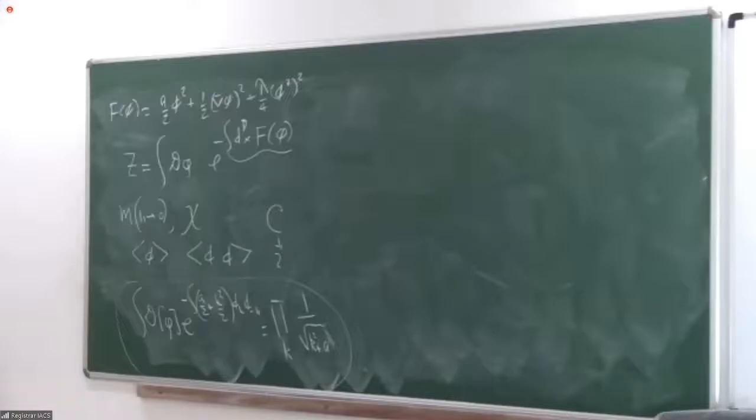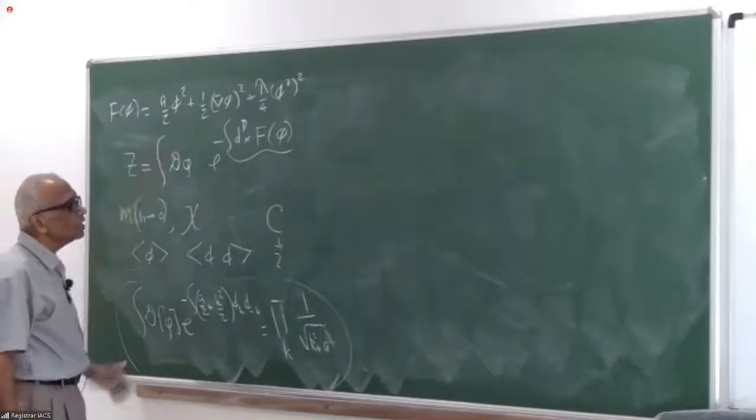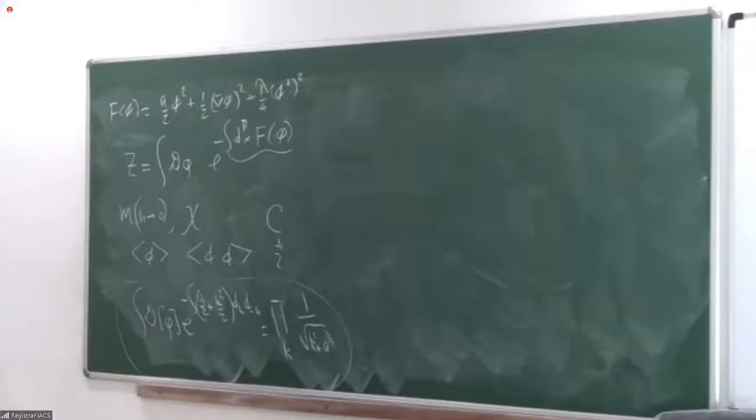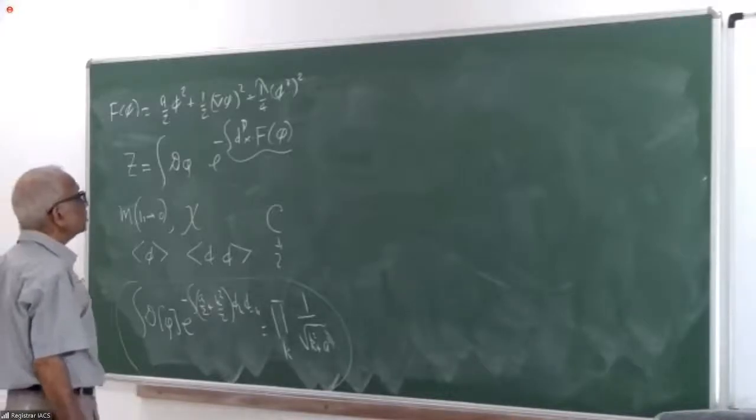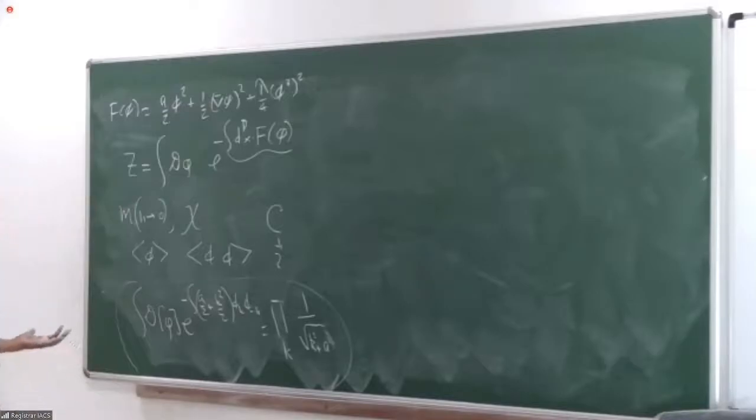That is, I'm not going to have higher powers of phi square, or higher powers of grad phi square, even though they can be isotropic and maintain the parity. But I have ignored them. What can sort of justify my doing that?